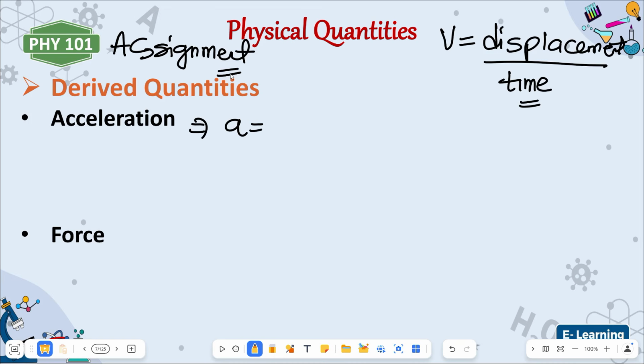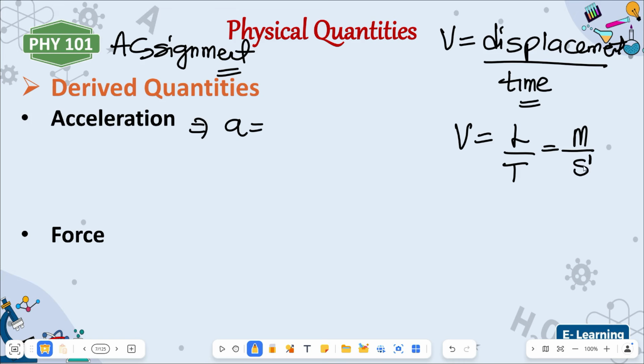Now, in the context of physical quantities, I told you both displacement and distance are represented with L. Is that okay? So our velocity, my dear student, will be L over T, where L is meter and T is time, which is seconds.